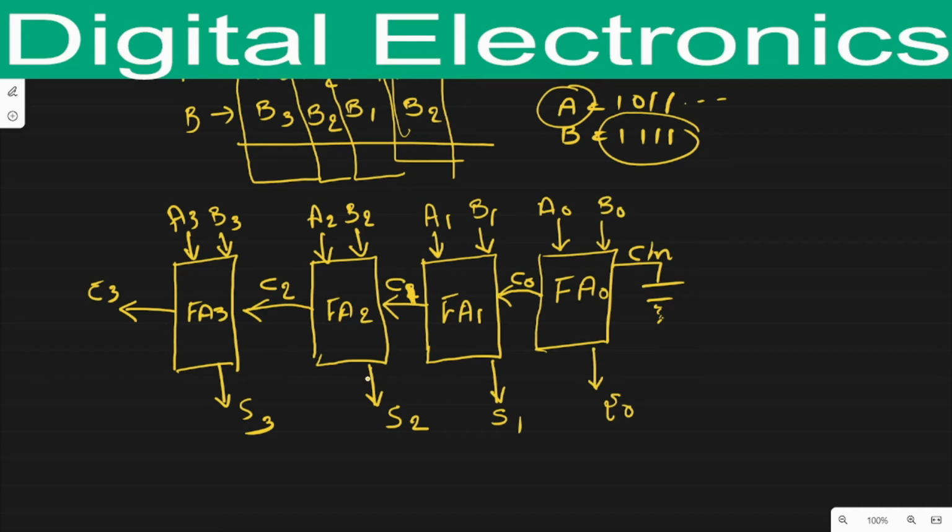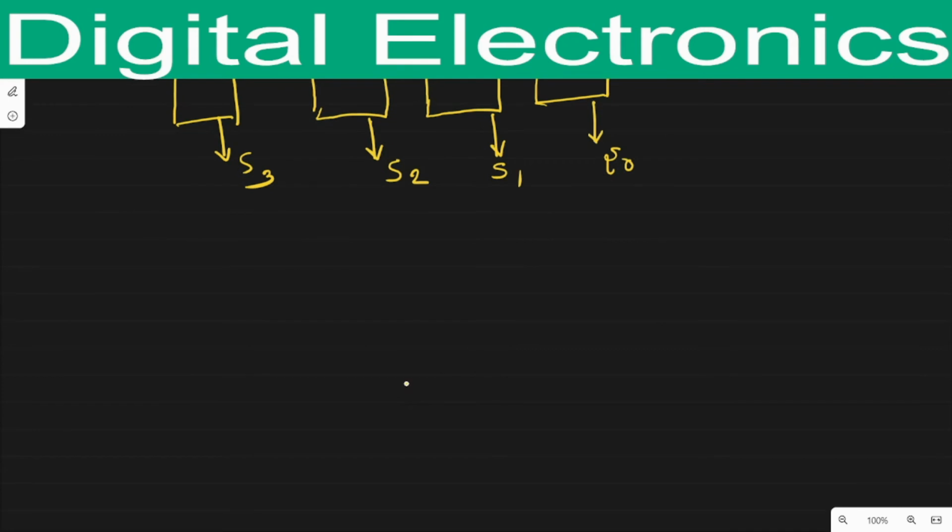Now consider propagation delay. Propagation delay is the time difference between providing the input and getting the output.